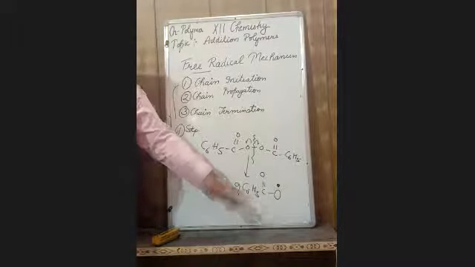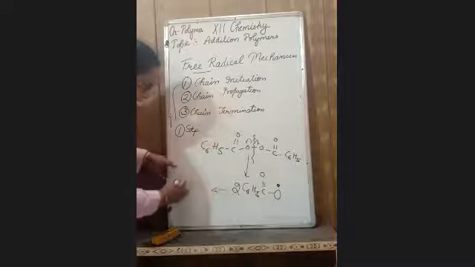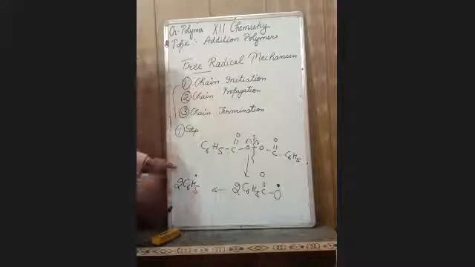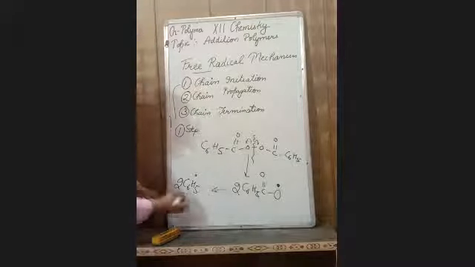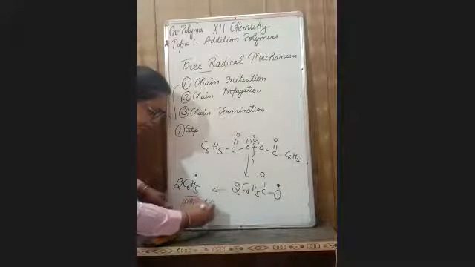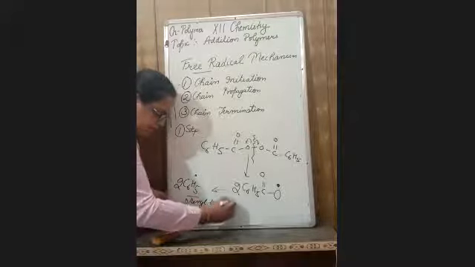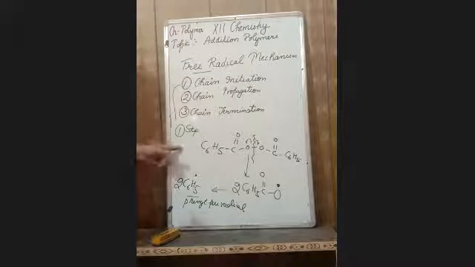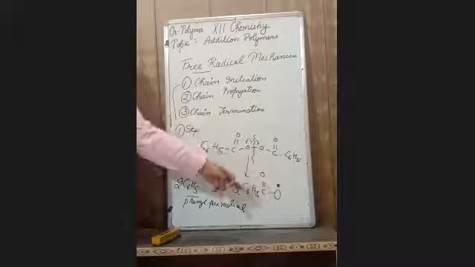This radical again decomposes to form phenyl free radical. Along with this, carbon dioxide will also be released. This is the first step of this mechanism. In this mechanism, benzoyl peroxide undergoes homolytic fission to form free radicals.